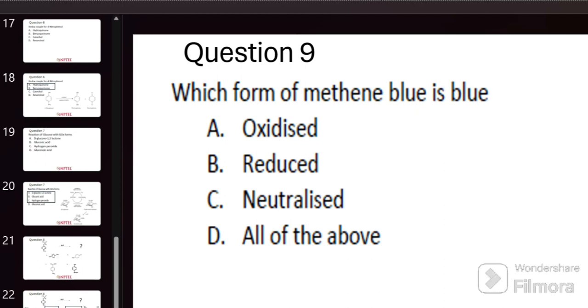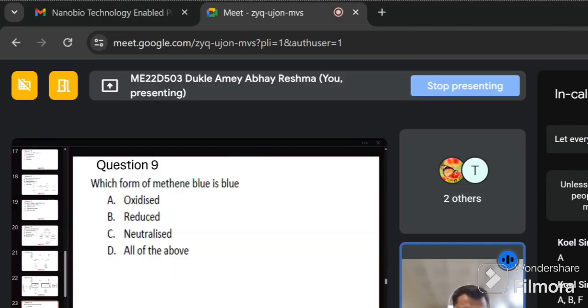So in which form is methylene blue blue? So oxidized, reduced, neutralized, all of the above. So this is kind of a trick question which can confuse people. So what do you think the answer will be?